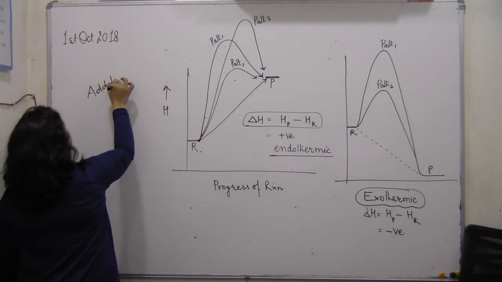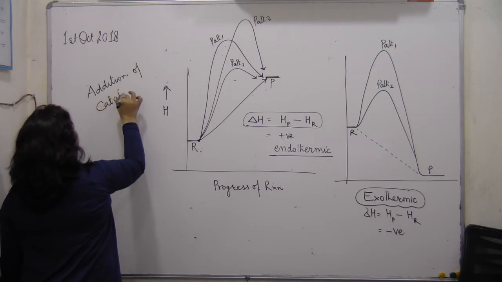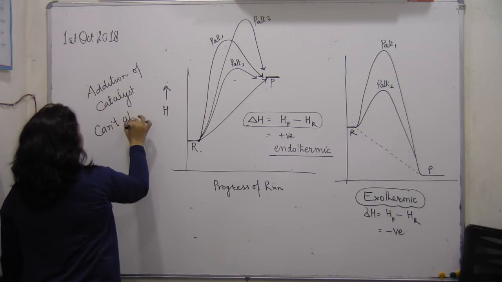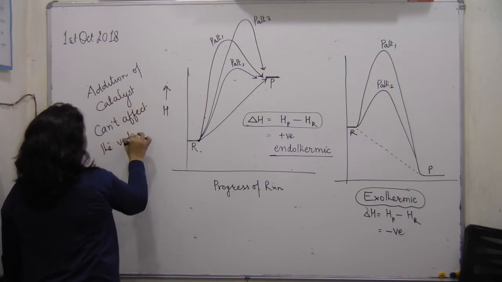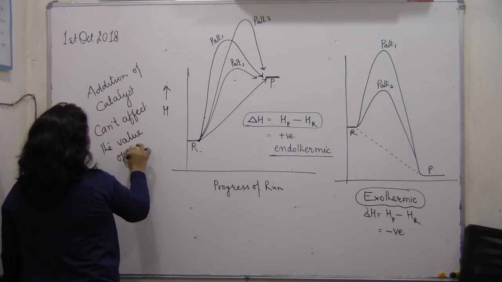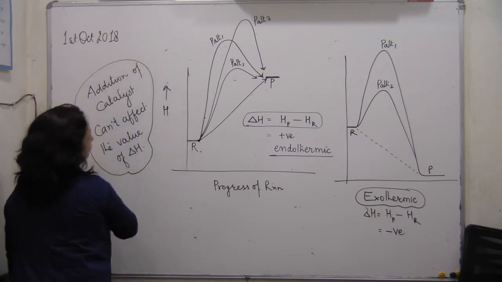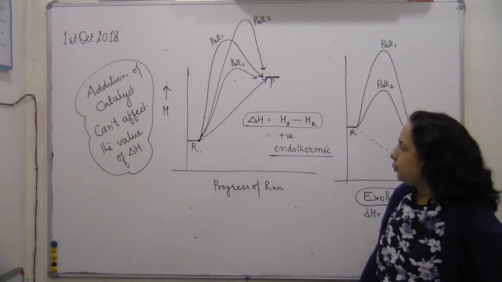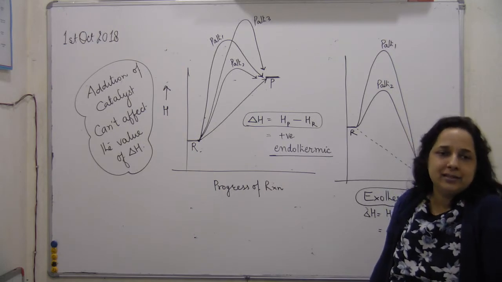Addition of catalysts cannot affect the value of delta H, and this is a proof to that value that state function values are not affected by catalyst.